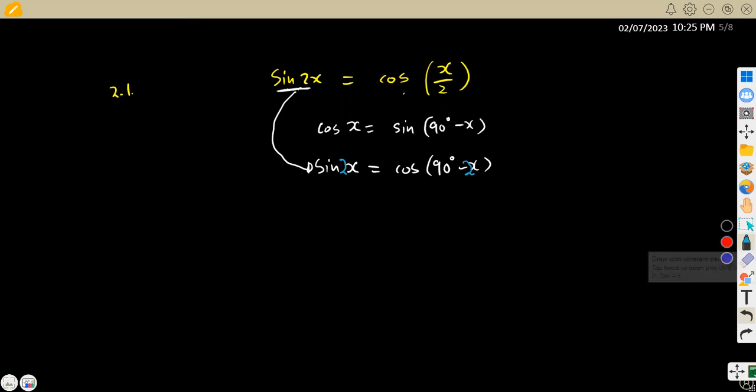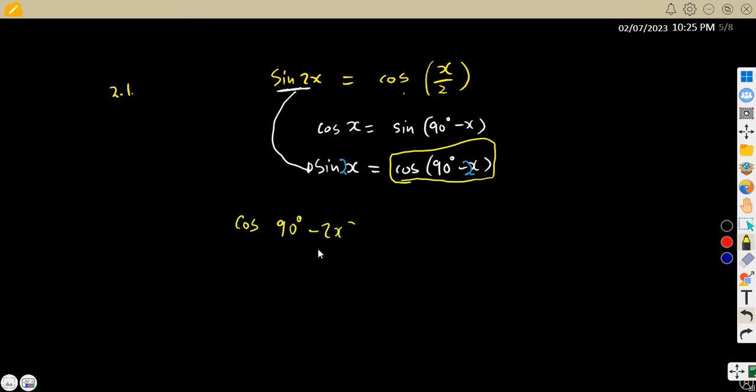So the sine of 2x that we see here is the same as the cos of 90 degrees minus 2x. Why are we writing in terms of cos? Already on the right-hand side we've got a cos, so we leave it like that, which is cos x over 2.